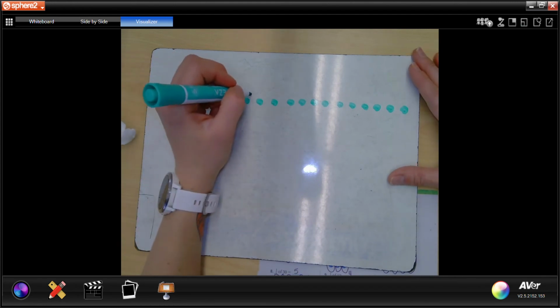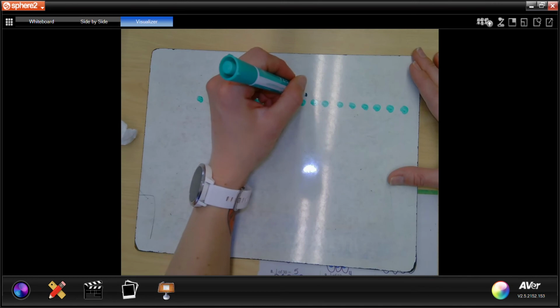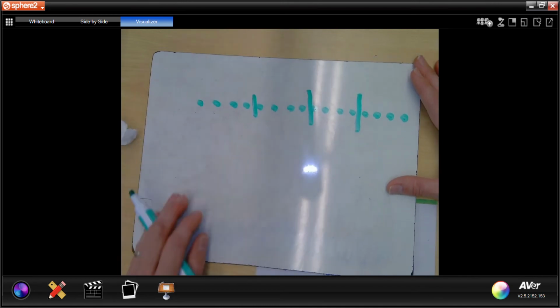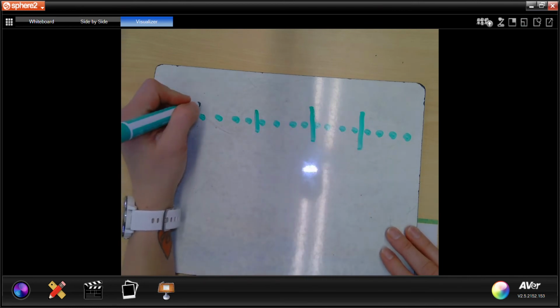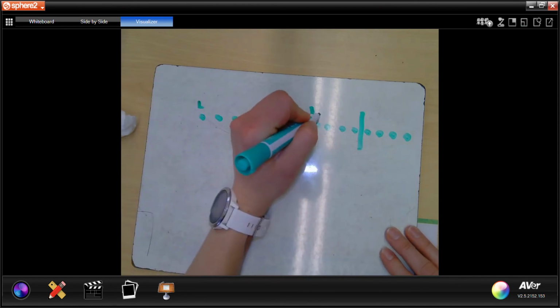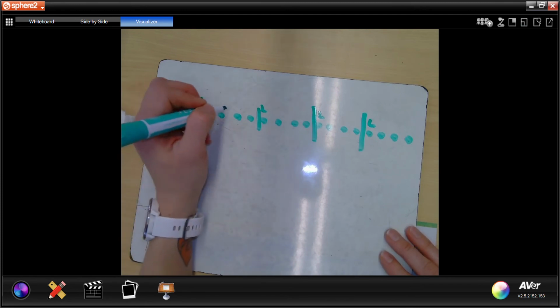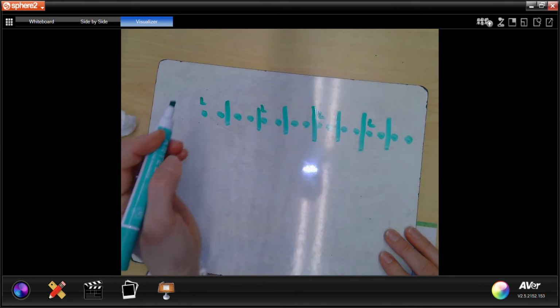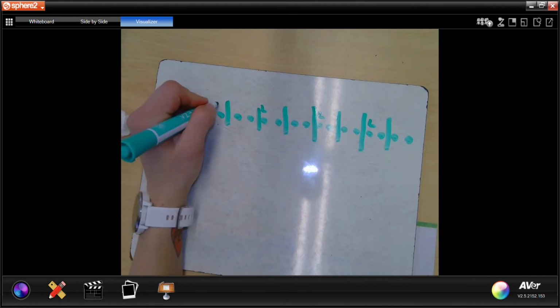So if you make 1 out of 4, so there's 1, 2, 3, 4 rows. So 1 out of every 4 rows is lettuce. Then if you have it in 8 groups, so 1 out of every 8 are pumpkins.